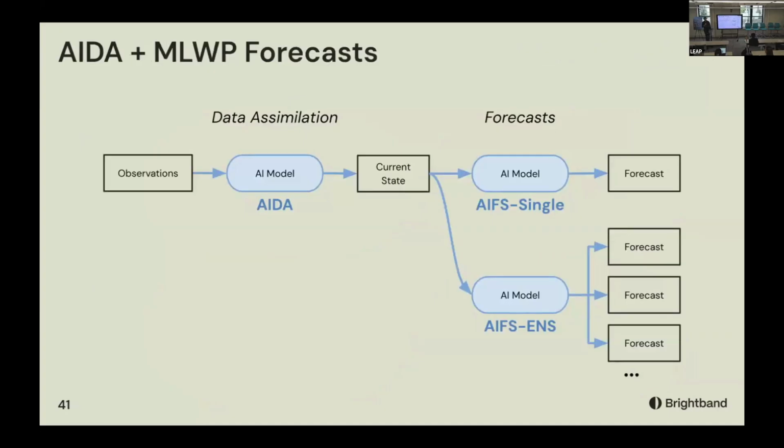And as I promised, we can take that initial state that we're generating and run it through an AI forecasting system. We chose AIFS from the ECMWF, but you could choose a different one. And via hooking these pipes together, we get an end-to-end system from observational data all the way through to a forecast.